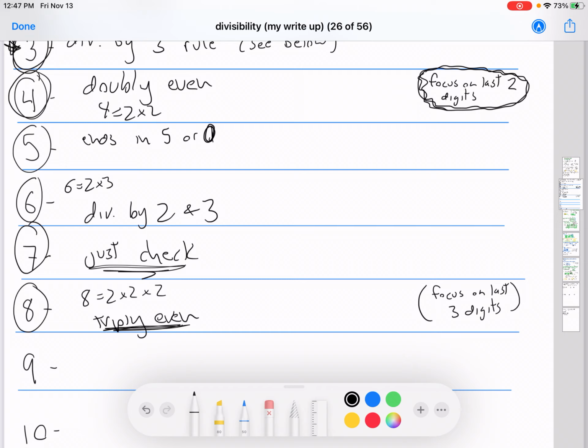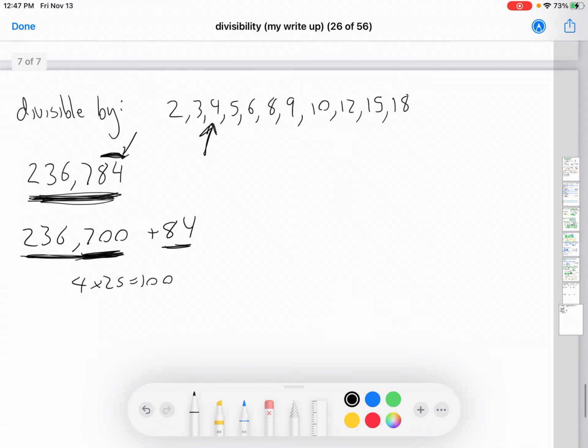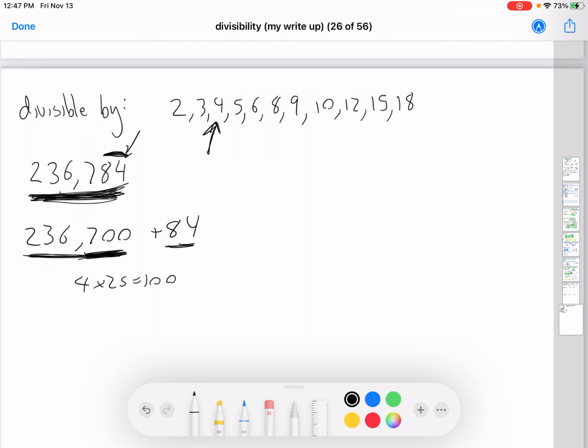Now again, if you have a really big number, this is often very, very hard to do. So let's go back to this same problem. To take this number and cut it in half, not once, but 3 times, can be really, really hard. But for triply even or divisible by 8, we only need to check the last 3 digits because 8 times 125 is equal to 1,000.